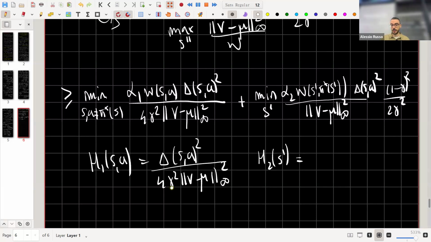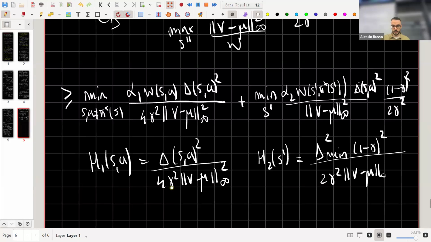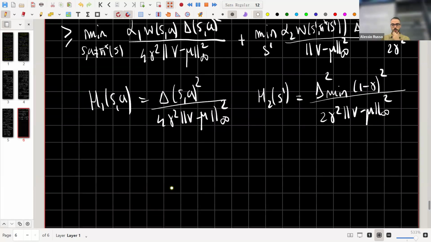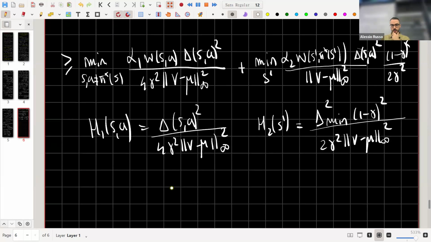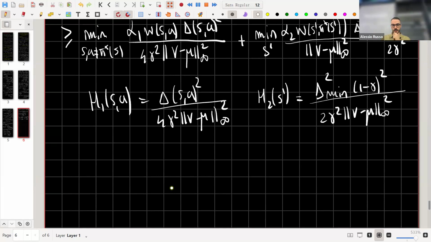And we are also going to lower bound the delta SA by delta min, just for simplicity. And probably I forgot a factor 2 somewhere, but it's just a constant factor. It's not important for now. Probably it should be 4, but it's not important, so we can leave it as it is.